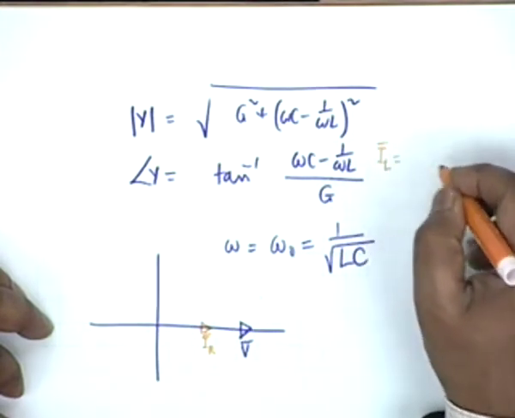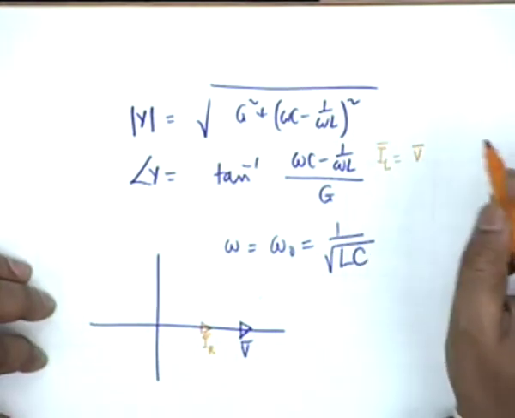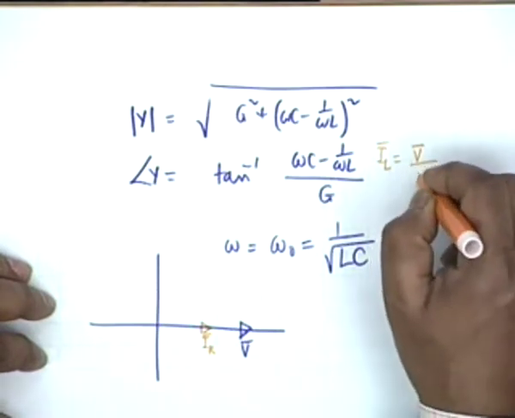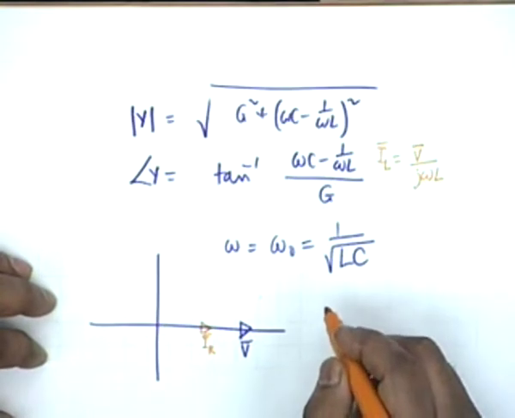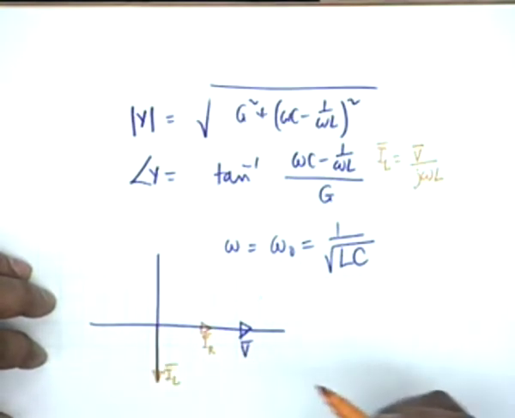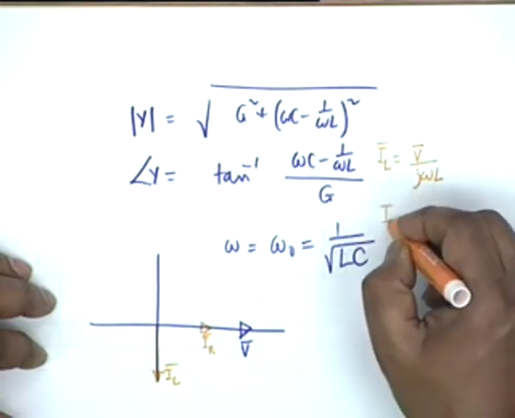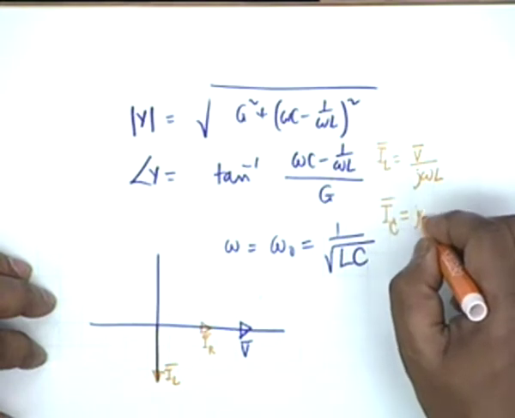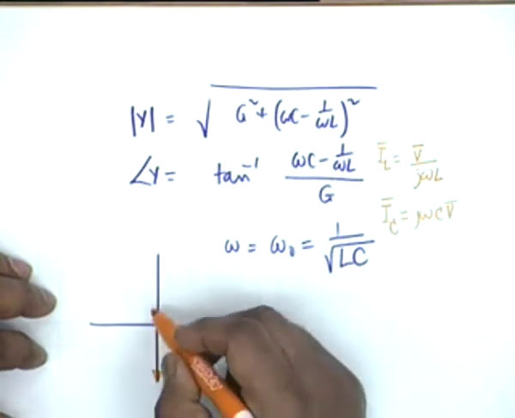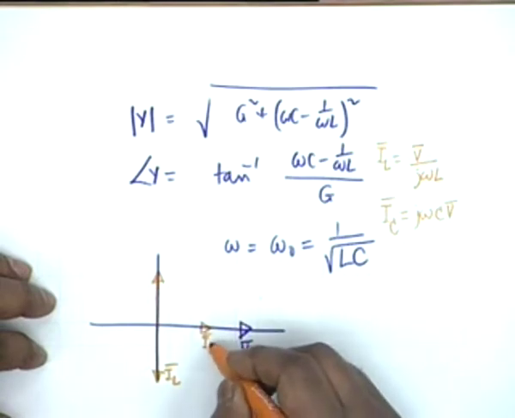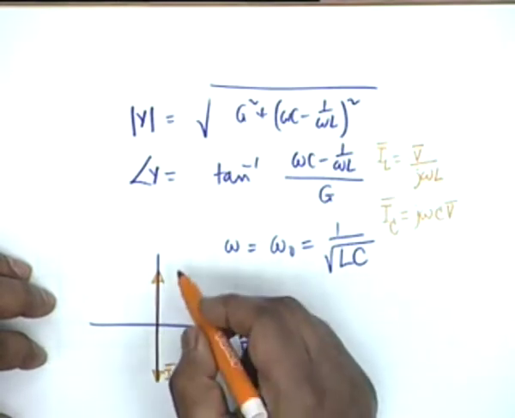IL phasor shall be V divided by j omega L. So it would be lagging. This would be the direction of IL, and I sub C, the current phasor in the capacitor, shall be j omega C V. In other words, this would be leading the voltage or the current in the resistance by an angle 90.